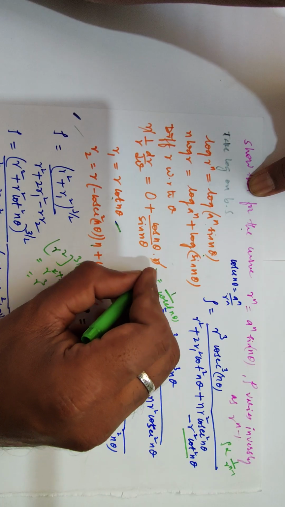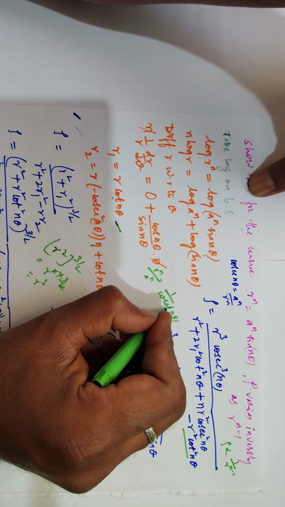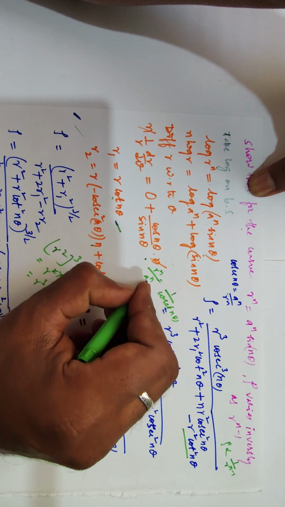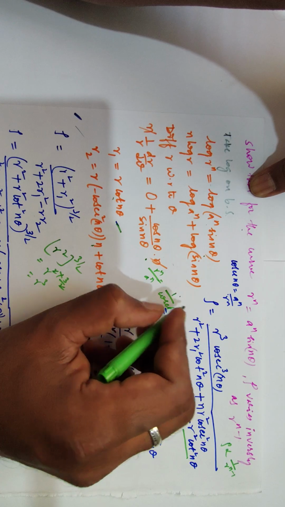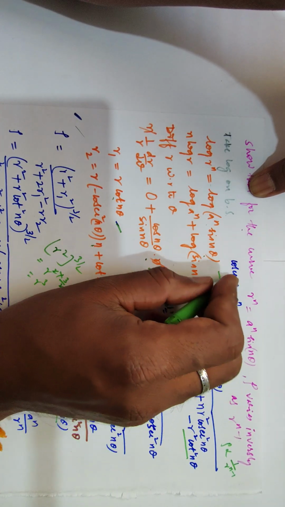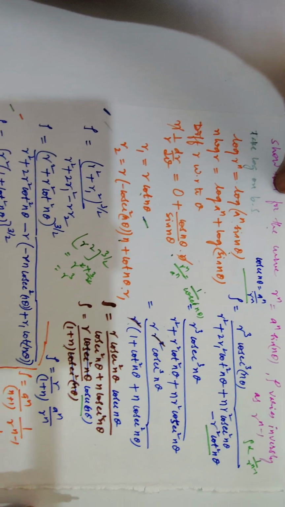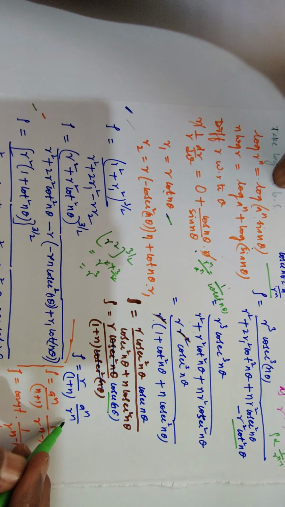So left side is r raised to n by a raised to n as it is. Okay, you cross multiply here. Here you will have cosecant n theta, and here it is a raised to n divided by r raised to n. So totally you need to substitute cosec n theta as a raised to n by r raised to n. Okay, now cosec n theta is a raised to n by r raised to n.